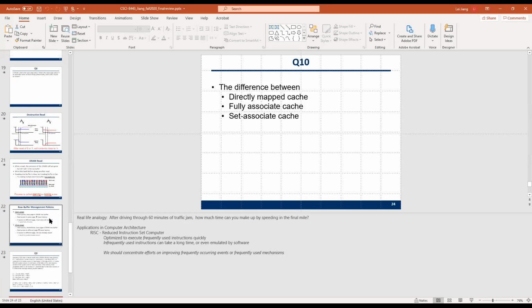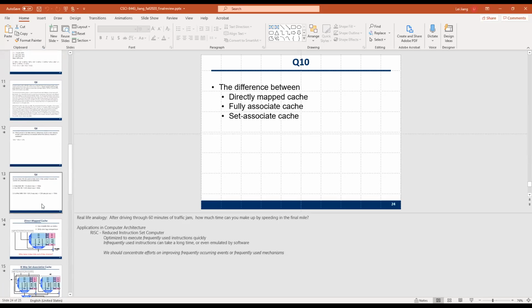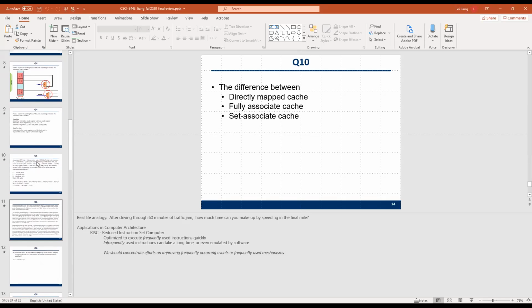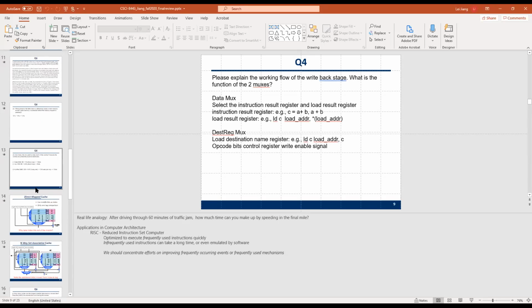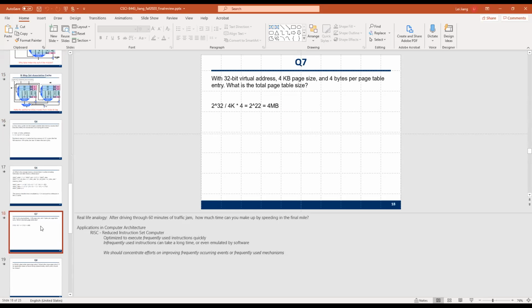About virtual memory, I can tell you that if you have a question on virtual memory, then it's question 7. So do not worry about virtual memory. I know that only a few of you can understand virtual memory. So do not worry about this.